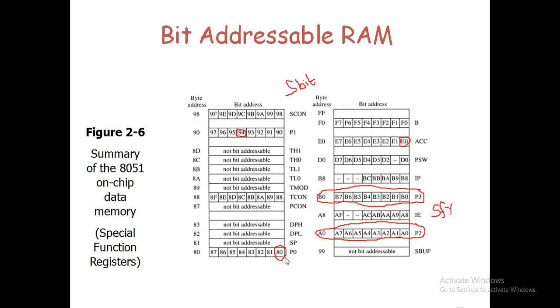Suppose you want to access TH1, yeah, possible. sfr TH1 is equal to 0x8D. So it is a correct syntax. It is going to access this particular memory location, related to TH1.